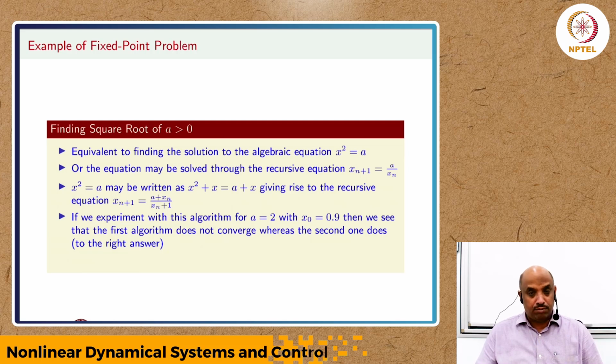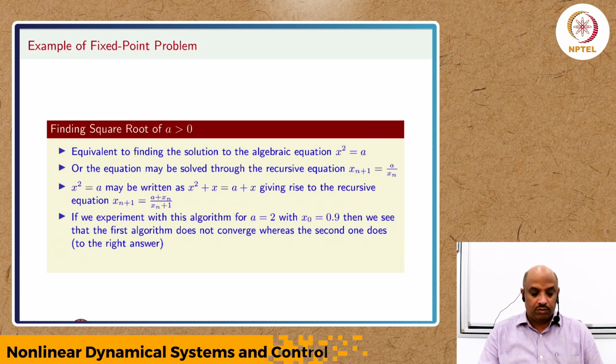I've tried many numbers other than 2, and every time the first algorithm gives some kind of jumping, transient behavior that never converges, whereas the second algorithm seems to be always converging, right?